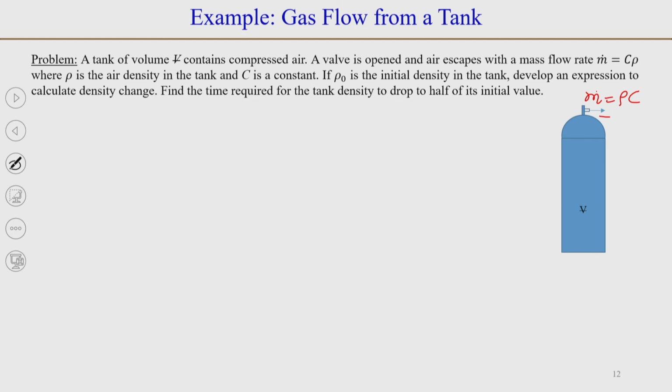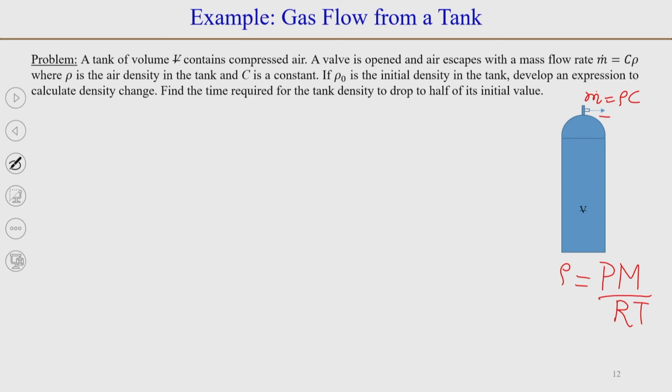So, what we need to do is develop an expression to find out the density change with respect to time, because when the gas escapes from it, if you assume the gas to be ideal, rho is equal to P m by R T, right.